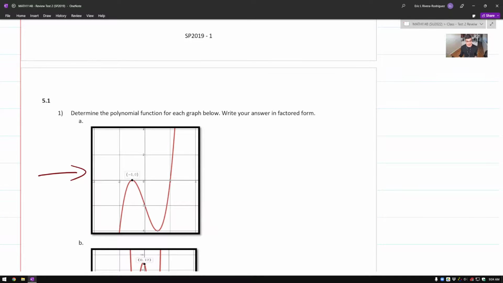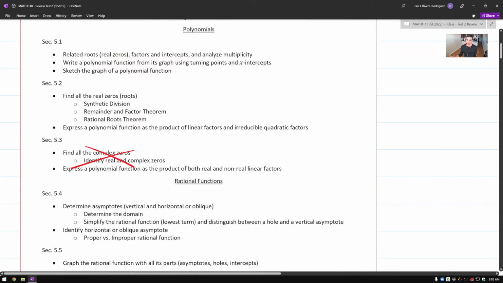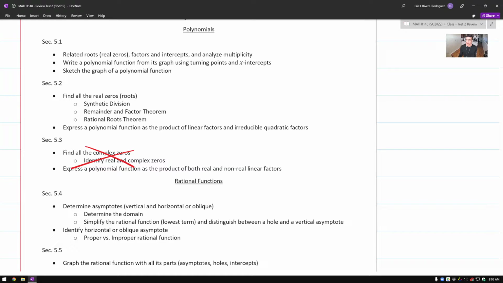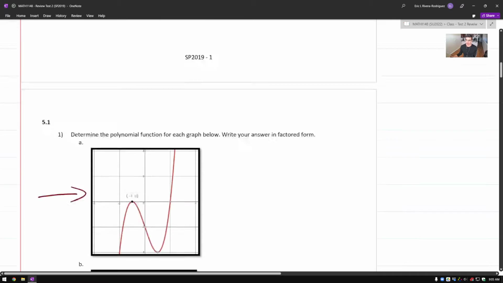From a graph of a polynomial, you will write its equation. So it will be: write the polynomial function from its graph using turning points and x-intercepts. That is the first topic that I'm going to be evaluating on test number 2.